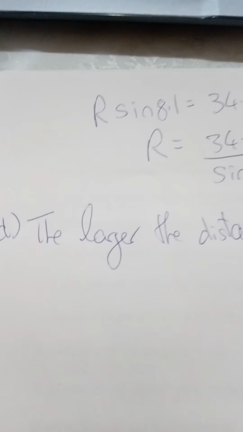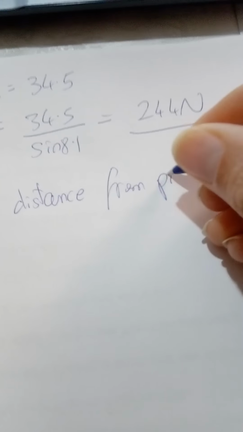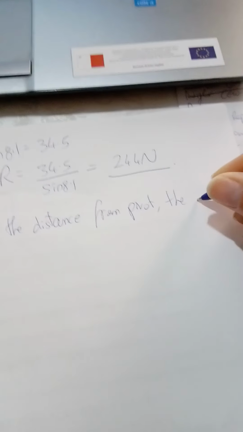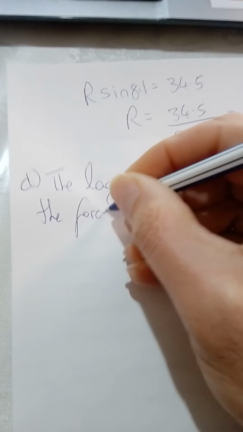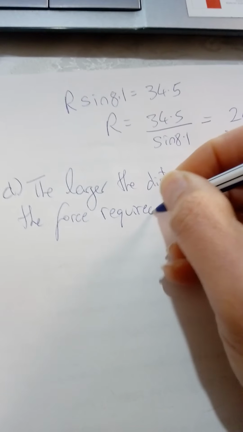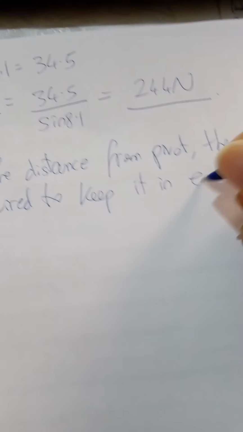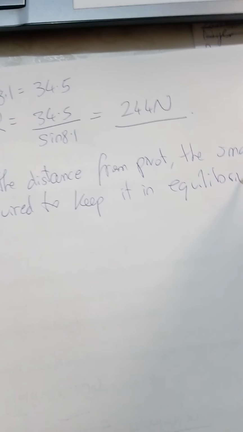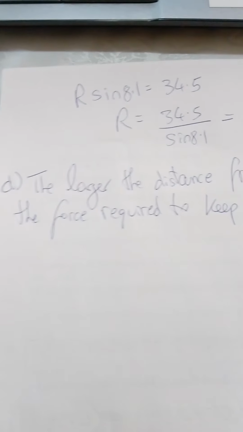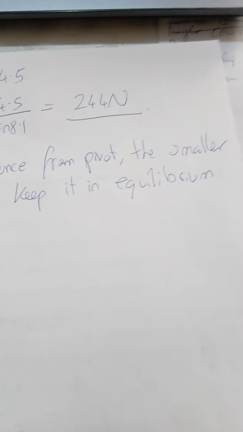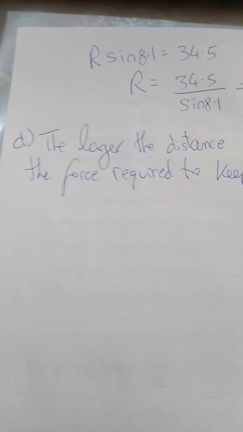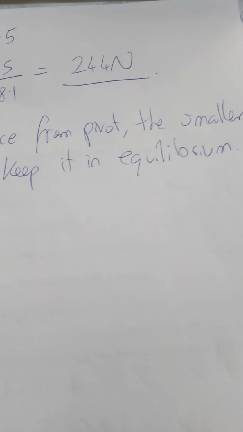Remember that the moment is force times distance, so the larger the distance from the pivot, the smaller the force required to keep it in equilibrium.